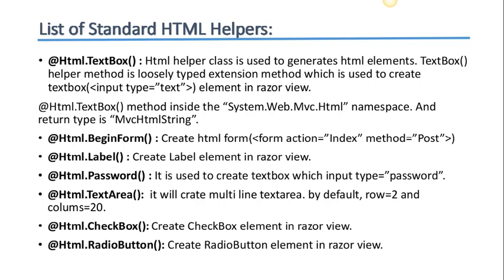We will also understand the use of a radio button. @Html.RadioButton is used to create the radio button element in a Razor view, and it has a list of overloaded methods. All these standard HTML helpers are loosely typed extension methods which are inside the System.Web.Mvc.Html namespace, and all the standard HTML helpers return type is MvcHtmlString.